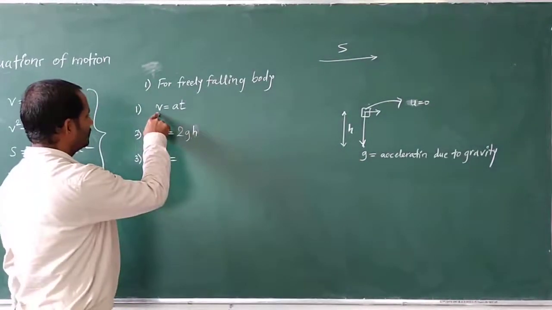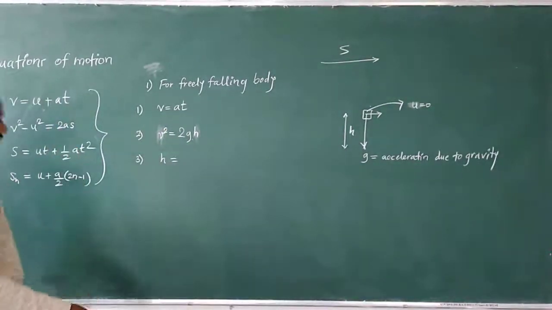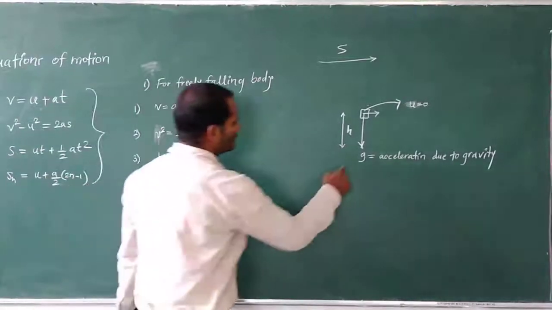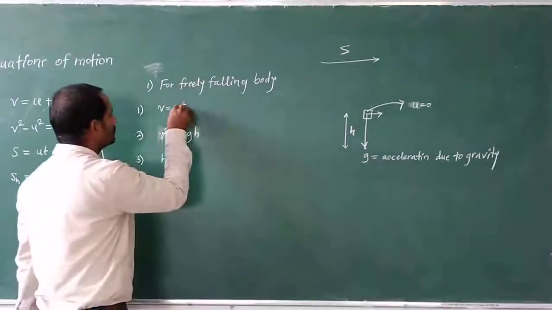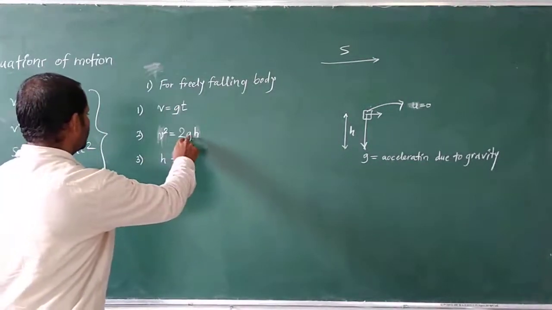So the first equation becomes v is equal to gt, where g is acceleration due to gravity. Then v square is equal to 2gh.